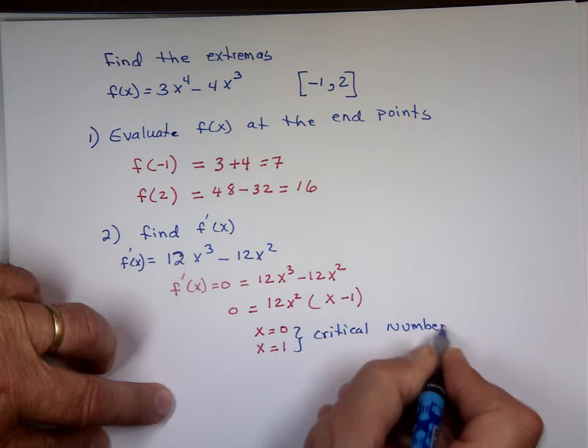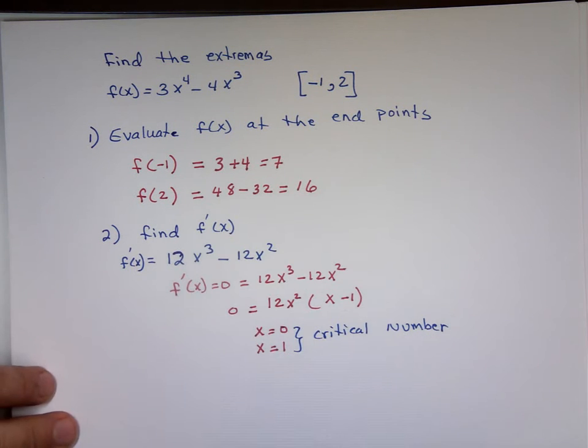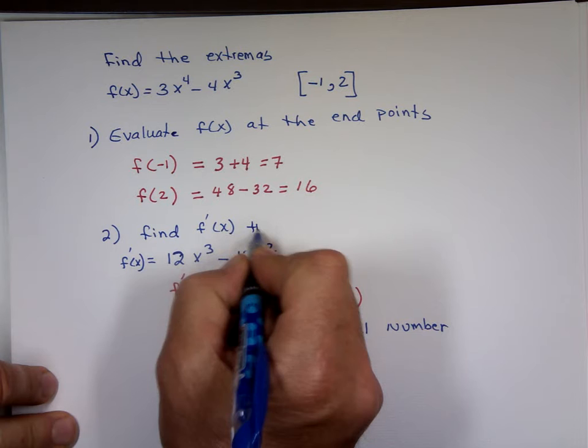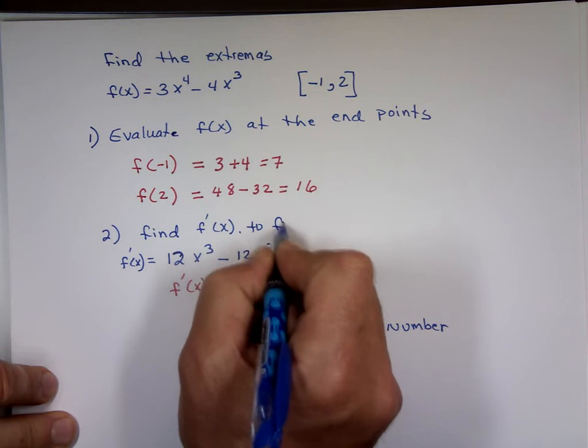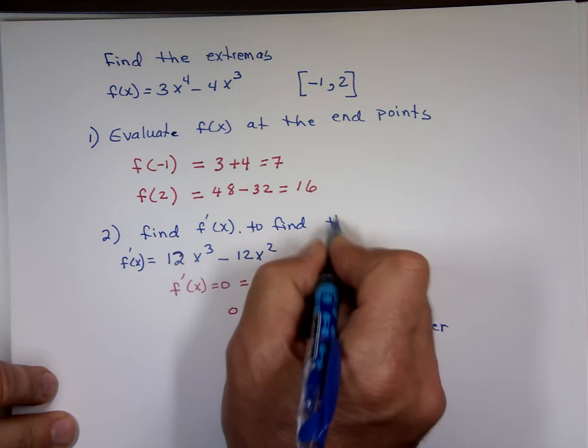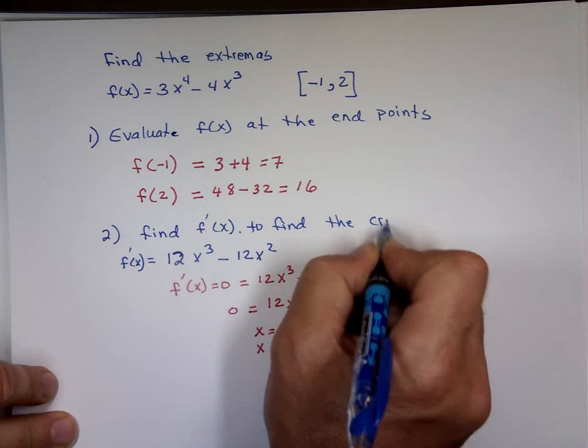So find f prime of x. Why are you doing that? To find the critical numbers. That's why we did that.